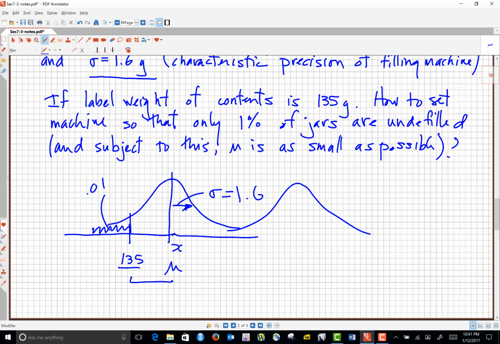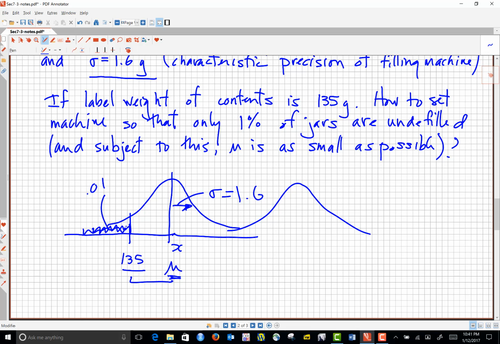If it's 140, you're giving away 5 grams per jar, and so on. So the idea is that I want to set mu as close to 135 as I can, but it has to be subject to having no more than 1% here, not having a tail that is too big on that distribution. So how could I set that up?